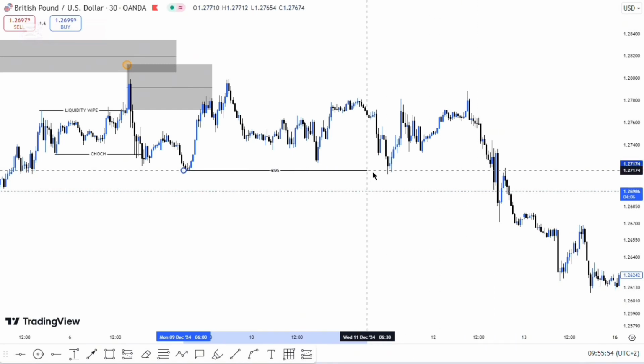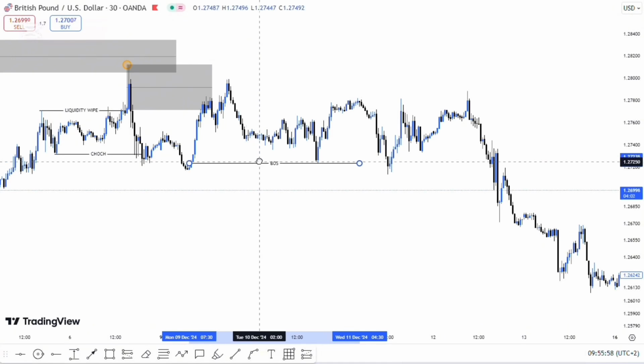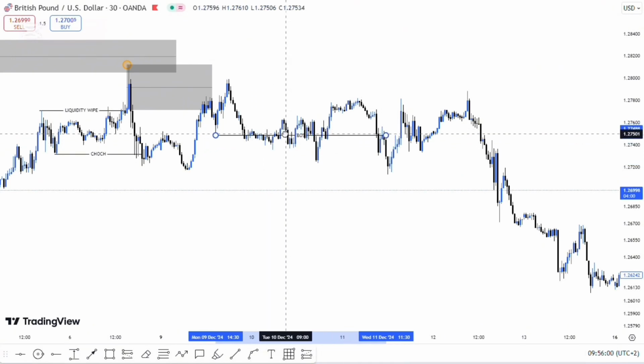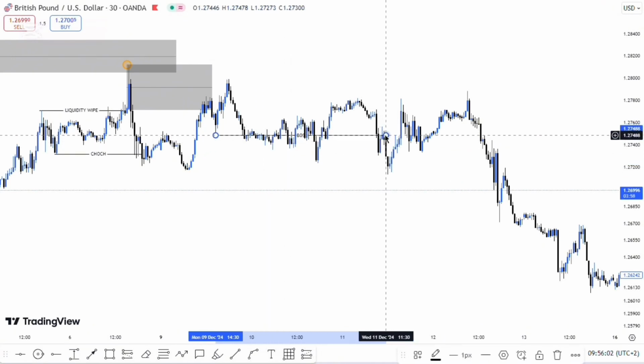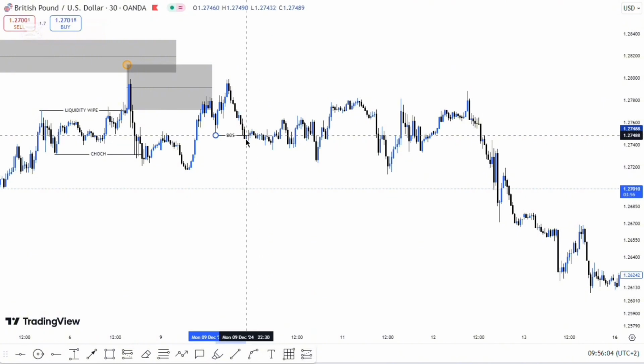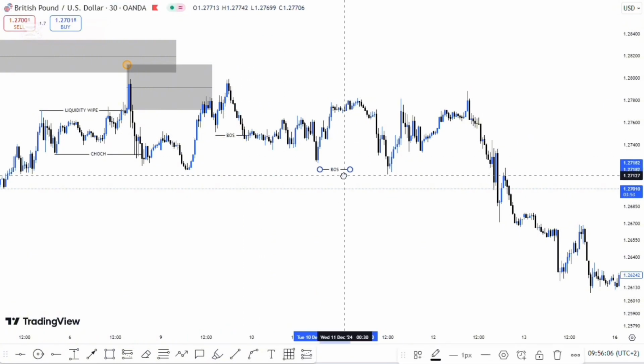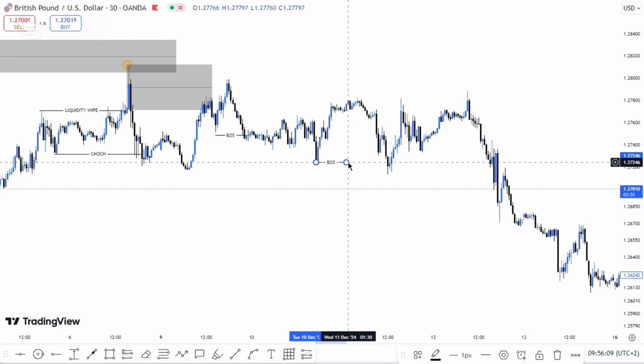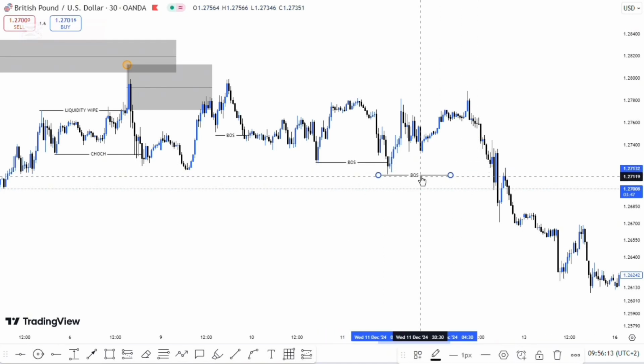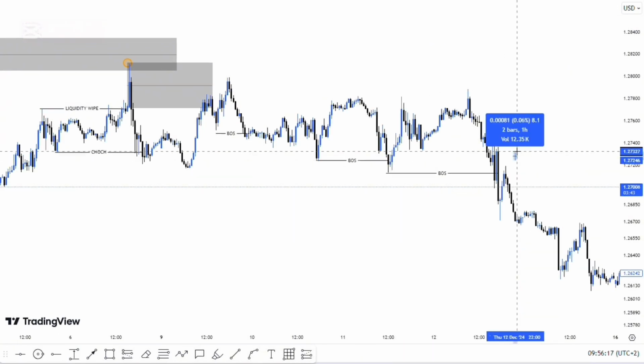At this point, you can also see that we have some internal break of structures right here, at this point, and then we have this break of structure and another break of structure right there.